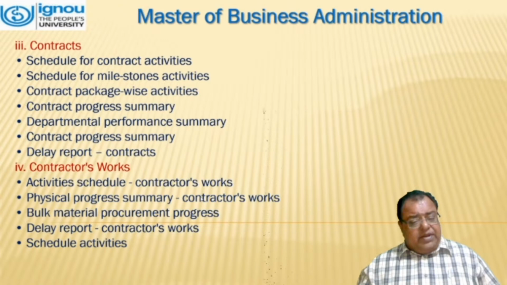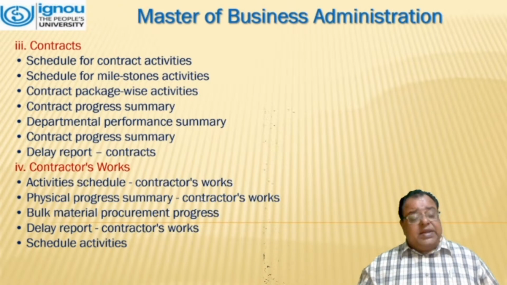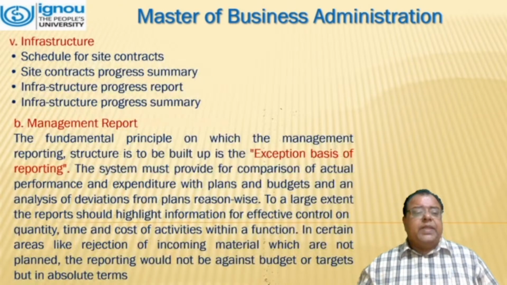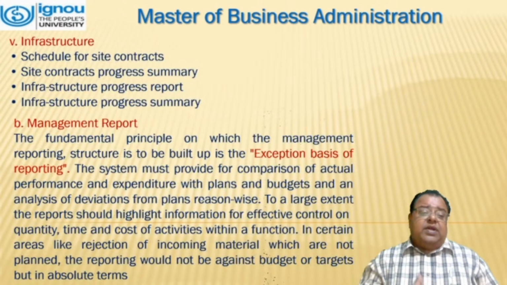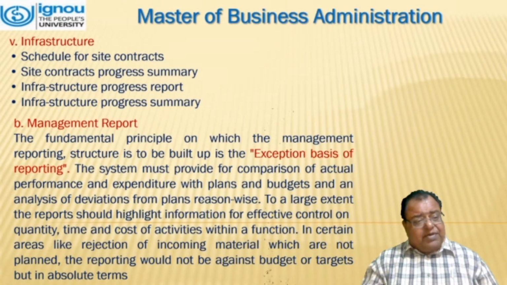Physical progress summary, which is again related to contractors. Bulk material procurement progress. Delay reports in terms of contractors' work and scheduled activities. Then infrastructure, which is related to schedule for site contracts, site contract progress summary, infrastructure progress report, and summary.